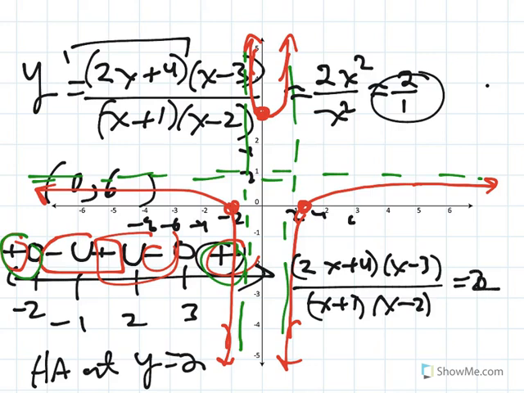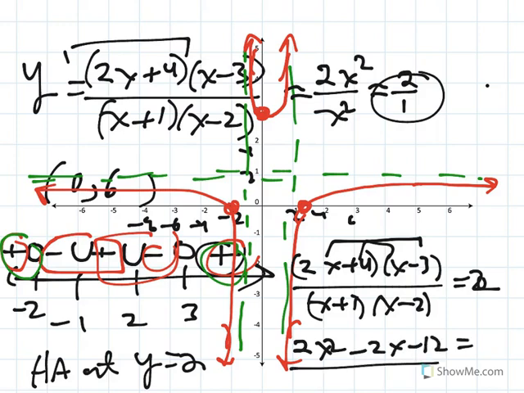I'd have to multiply out the numerator. 2x squared minus 6x plus 4x is minus 2x minus 12 over x squared minus x minus 2. Then you'd have to cross multiply.